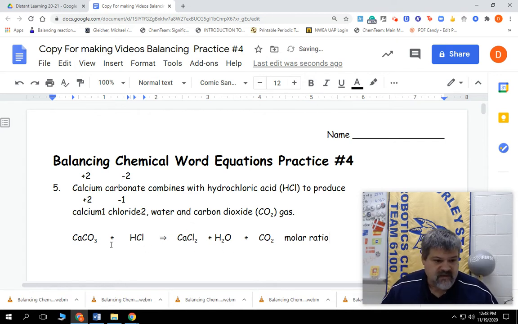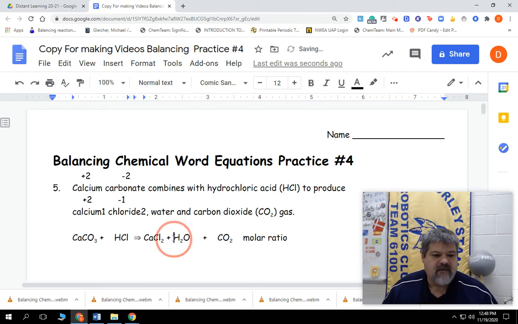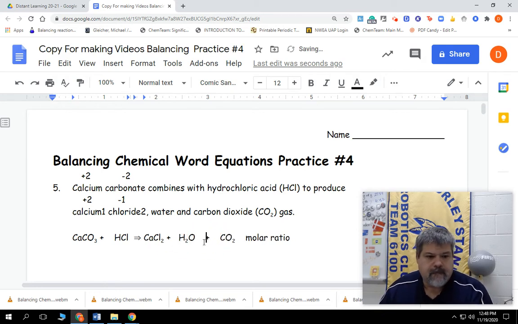Okay. So let's go ahead and see what we need to do. So I'm going to just tighten this up just a little bit, just to save us a little bit of room. So I have 2 compounds on this side, which are going to create 3 compounds on this side, okay, which is not unusual.